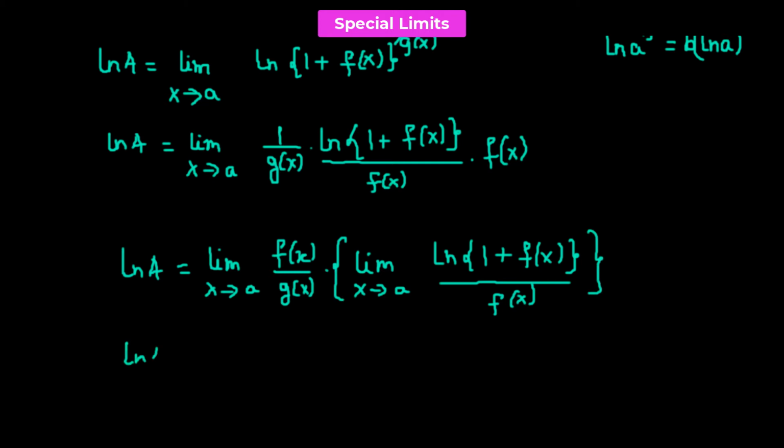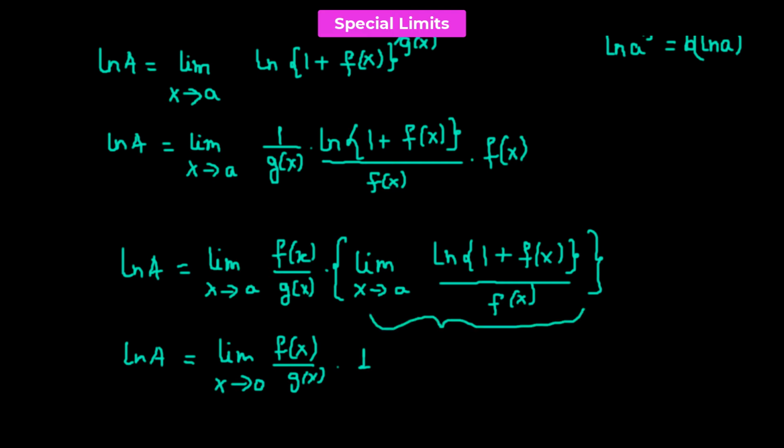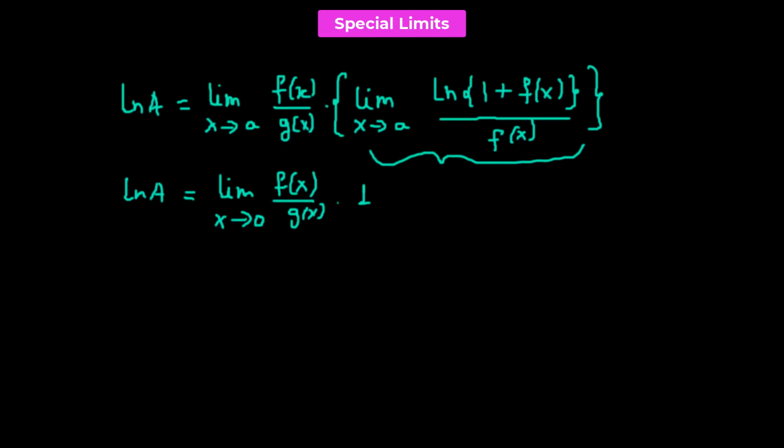So we have natural log of a equals the limit as x approaches a of f of x divided by g of x, as per the definition of the logarithmic limit, since the second limit is equal to 1. Now to find the value of a, we have a equal to e raised to the power of the limit as x approaching a of f of x divided by g of x.